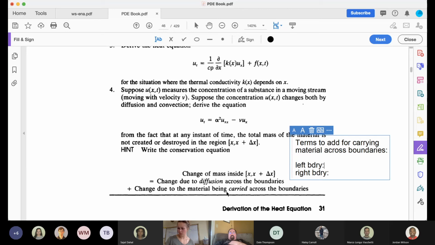So something coming into the segment is going to be added, and something leaving the segment is going to be subtracted. For the left boundary, because that's going into the segment, that is going to be added. So you'd have a term v times u of x, t. And then for the right boundary, that is going to have to be subtracted: v times u of x plus delta x, t, because it's leaving the segment.